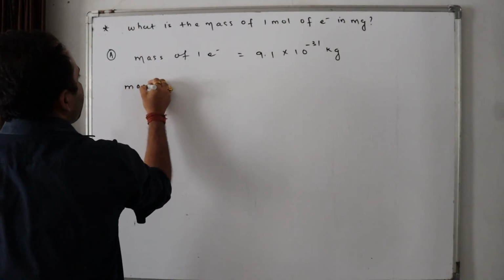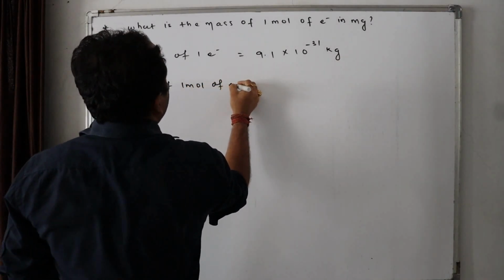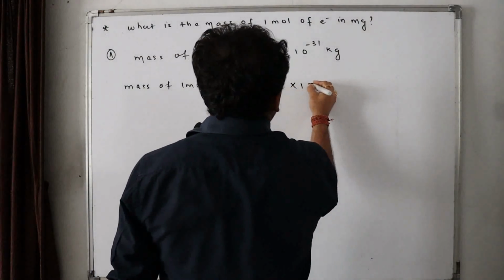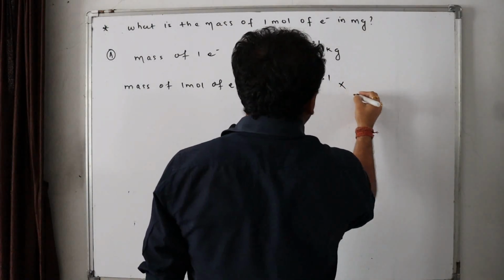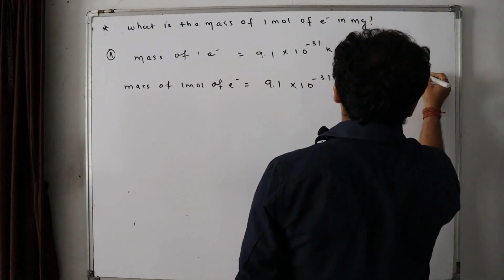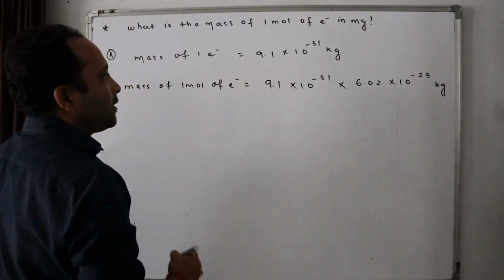Mass of 1 mole of electron is how much? 9.1 into 10 to the minus 31 into 6.02 into 10 to the 23 kg. Isn't it?